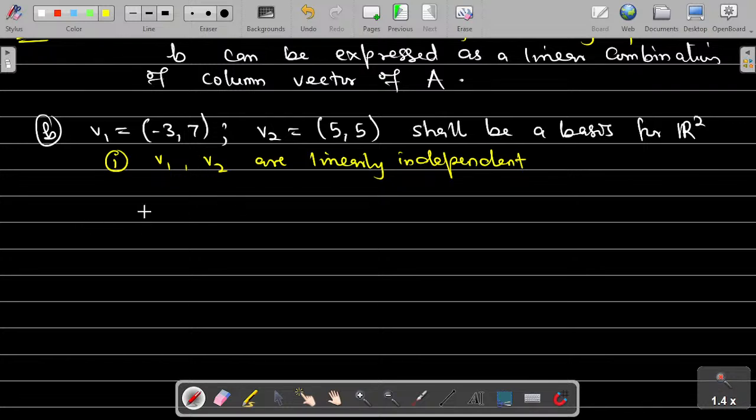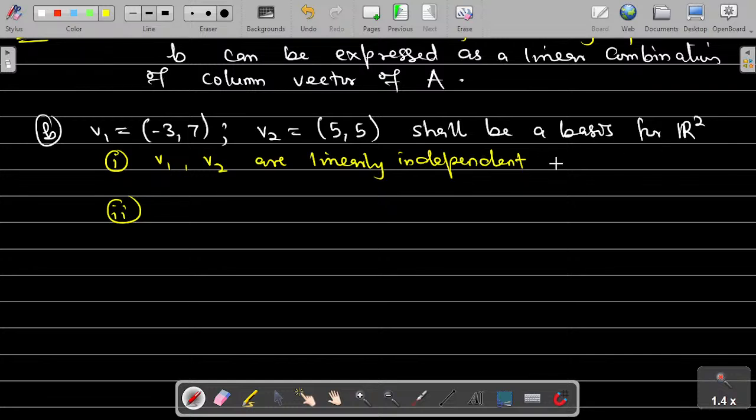But they didn't ask us to show that here. They only said we should state a reason for this to be a basis. So you can say, 1, v1 and v2 are linearly independent. 2, that your v1 and v2 also span your R2.